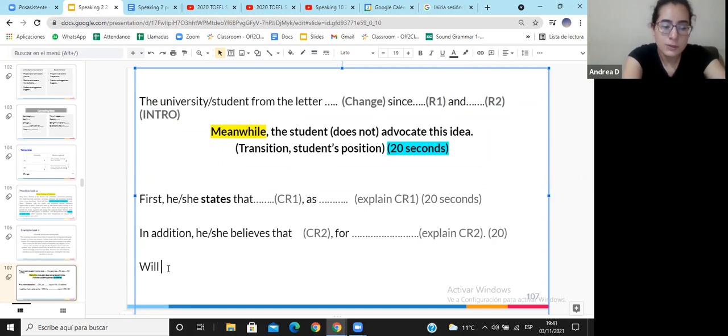So the simple future or conditional. So you could say, students will get distracted or students who are preparing, this kind of thing.